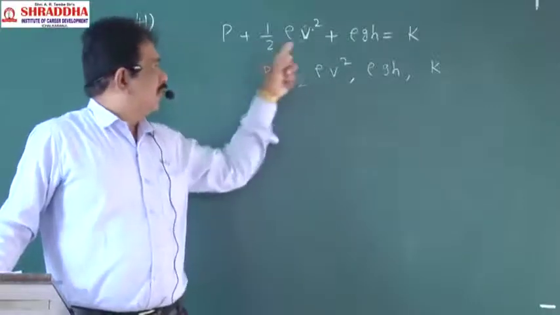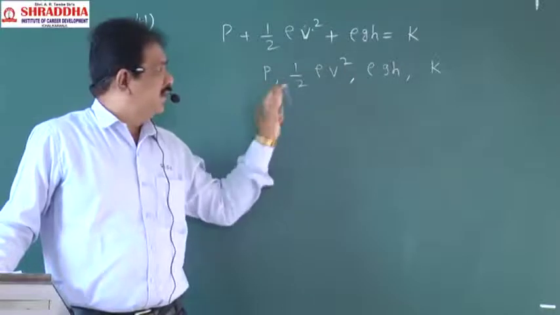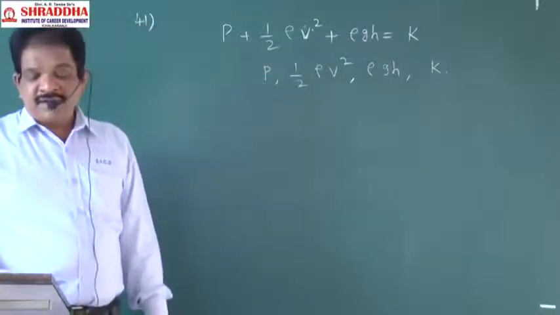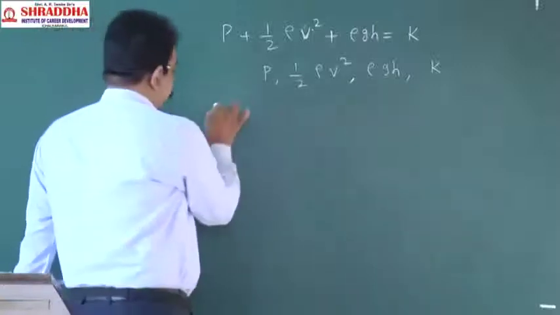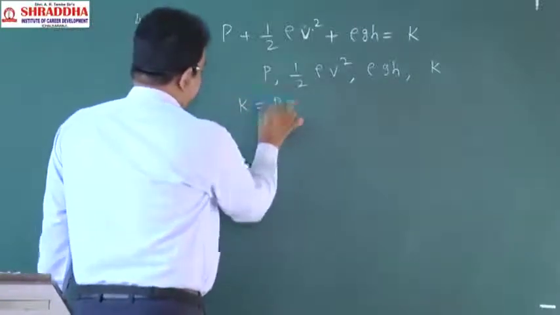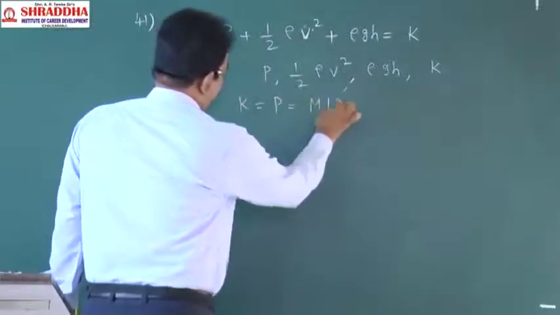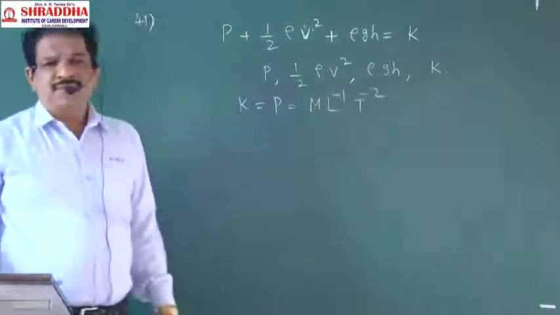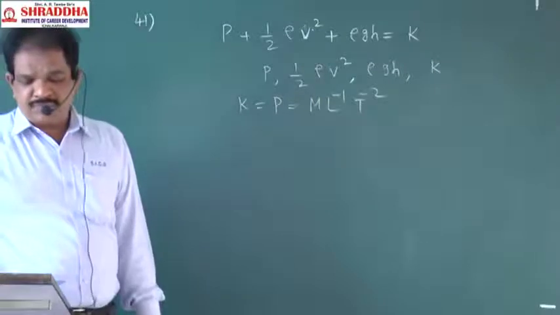So K dimensions will be equal to the pressure dimensions. So K is equal to P, and its dimensions are M L power minus 1 T power minus 2.